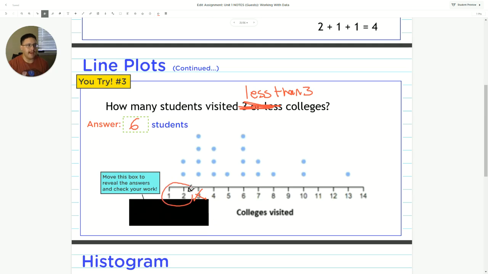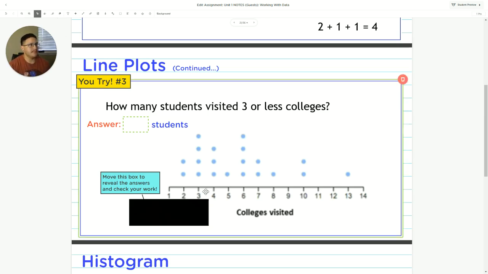I would have included everything to the left of it in my answer. So instead of 6, it would be 2. So again, it is very important that whatever you read in the word problem is what you're looking for. You interpret the word problems and its clues appropriately to get your correct answer. Anyways, that's you try number 3.